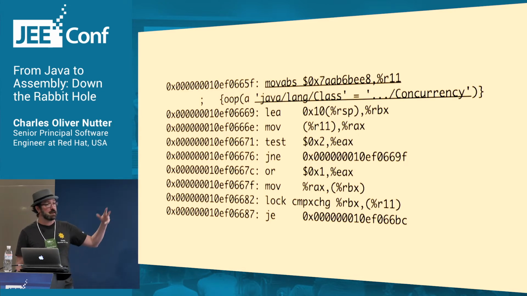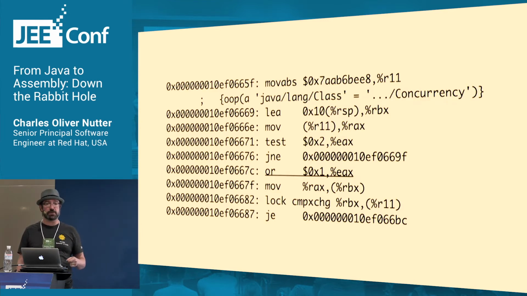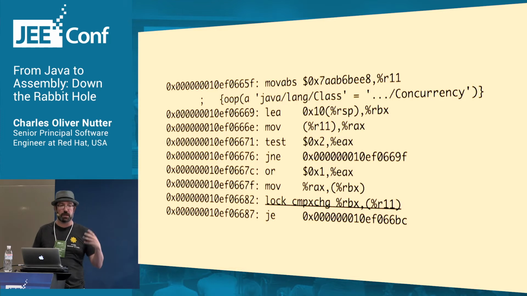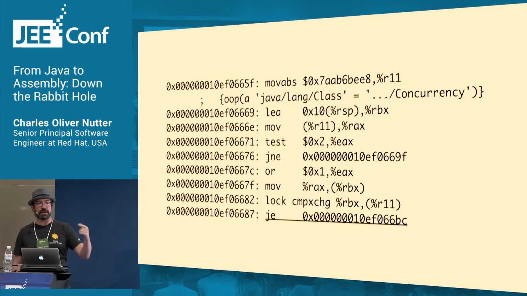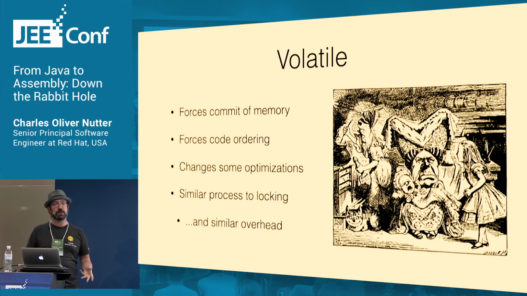In this code, we again load the class, we get our bits in place, we OR our bit into that locking location in the header, and then we execute right about here our lock instruction that will actually write those header bits. Now the object is locked, we own it, and we can continue executing. And then we jump back up to where we were before and continue the code that's supposed to be synchronized. So what about volatility?